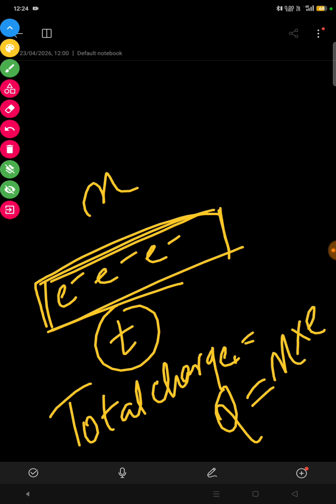Here small n is the number of electrons and E is the charge of each electron, which is 1.6 into 10 to the power of minus 19 coulomb.